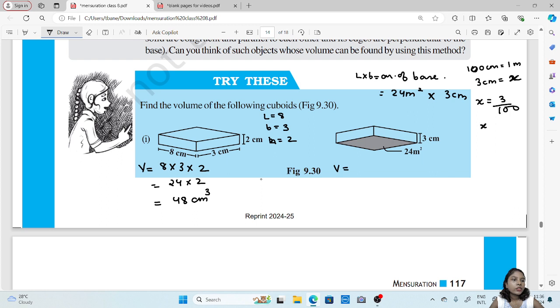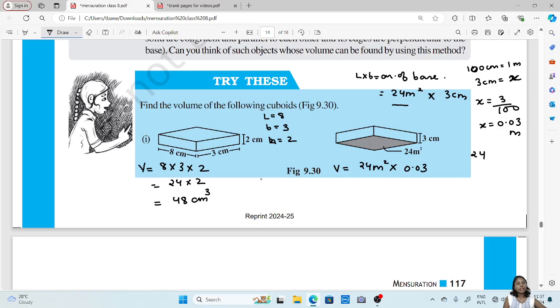So x will be 0.03 meters. Now you can multiply these two. So our volume will be area of base, that is 24 meter square, into 0.03.